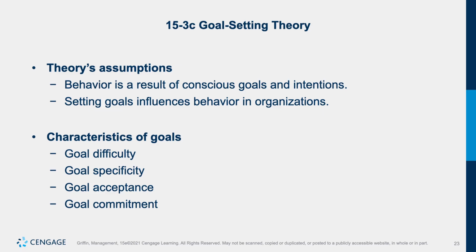Now, the expanded goal setting theory of motivation not only includes goal difficulty and goal specificity, but also adds two additional factors, which are goal acceptance and goal commitment.